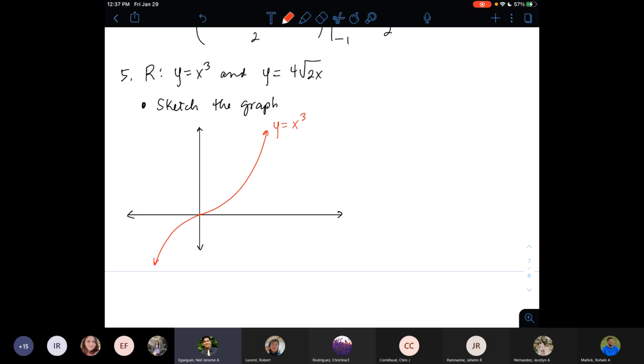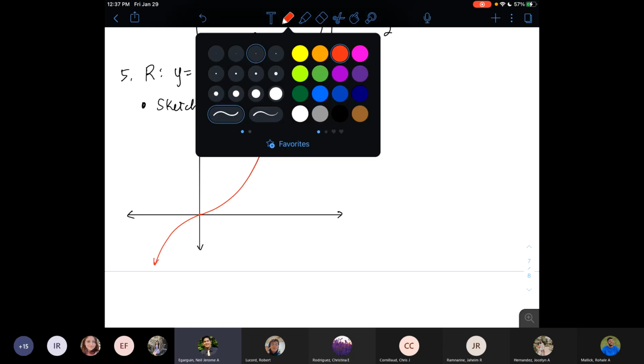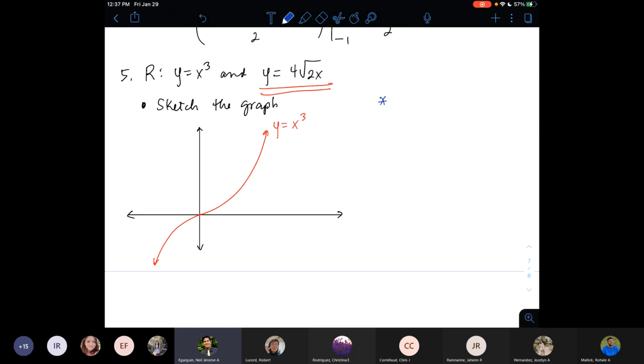And then y equals the fourth root of 2x. So maybe here, this is a semi-parabola opening to the right. I can give just some specific points on that. If I have y equals the fourth root of 2x, and I let x equal 0, then y equals 0.